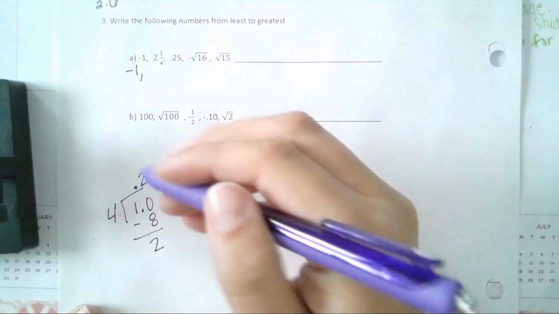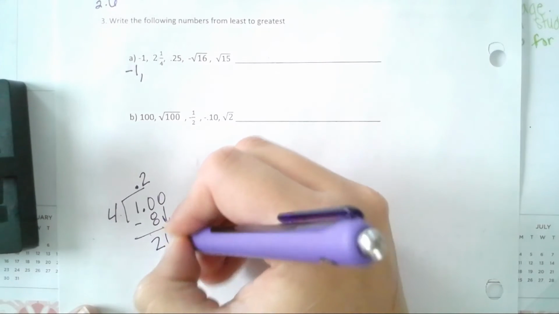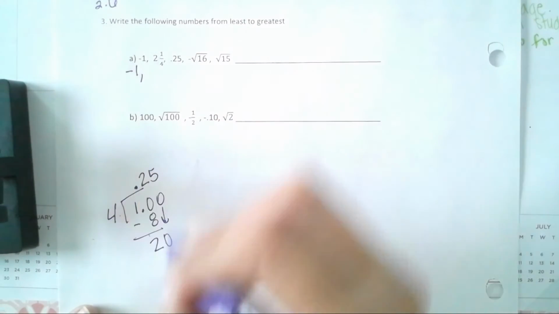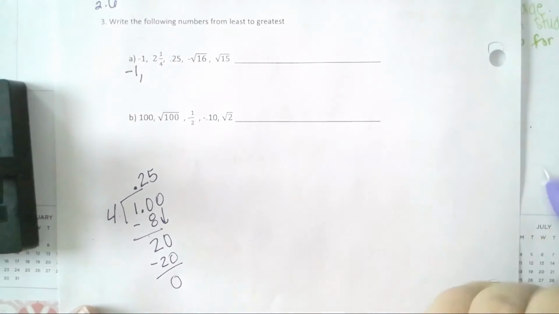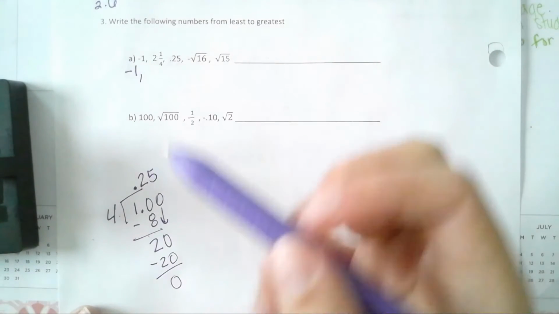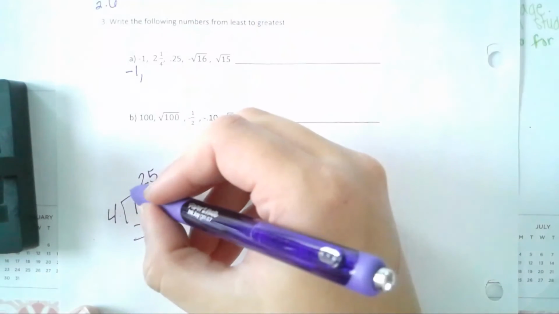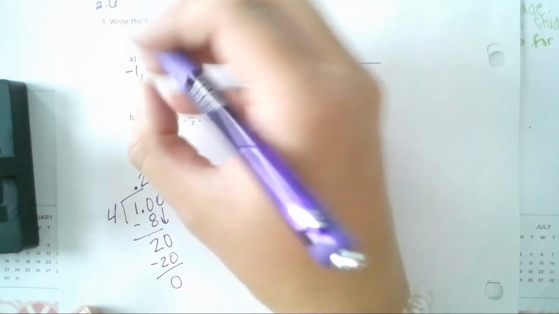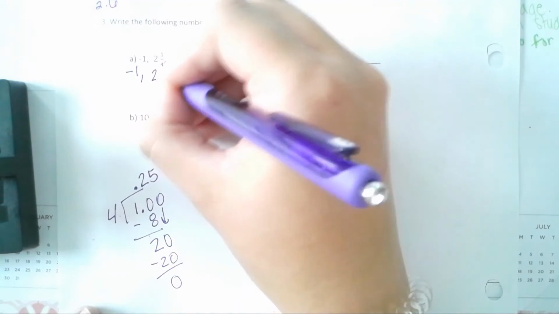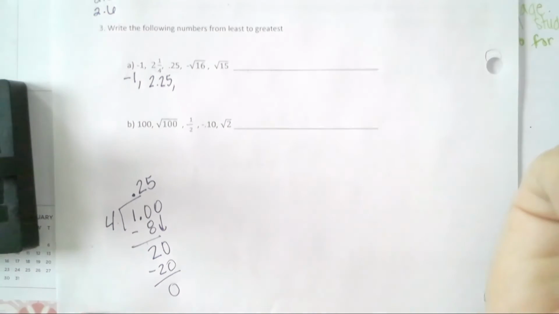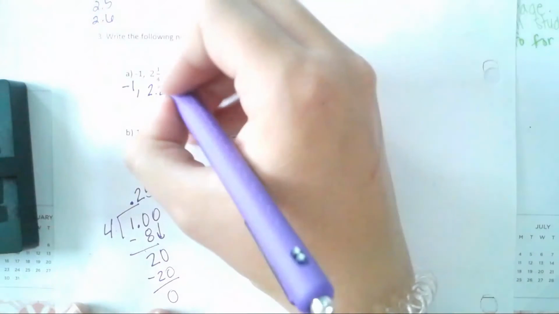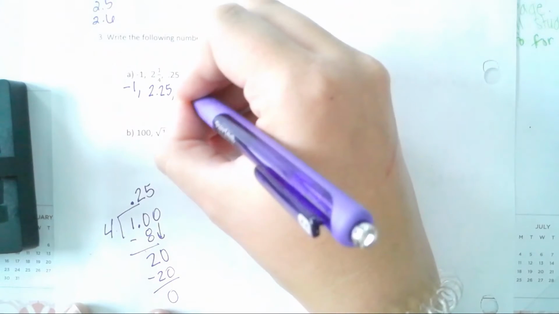If 4 cannot go into 2, just add your 0 again. So 4 goes into 20 5 times, and then you finally get that remainder of 0. So 2 1/4 is the same thing as 2.25. Okay. 0.25 is already a decimal, so I'm going to leave that.